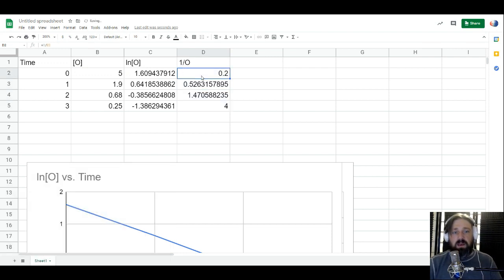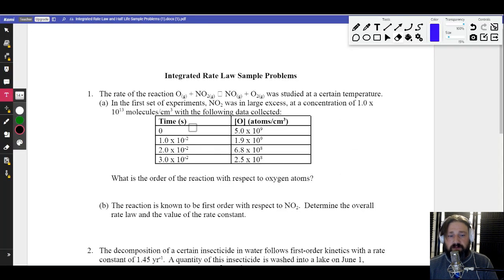And kind of realize what's happening here. Here you're going up by 0.3, here to here, way more than 0.3, and here to here, way more than 0.3. So we know that this is not going to be straight. So that's how you figure out the order of this reaction.